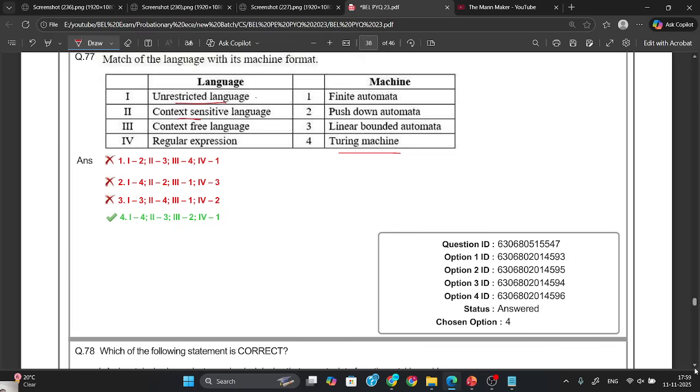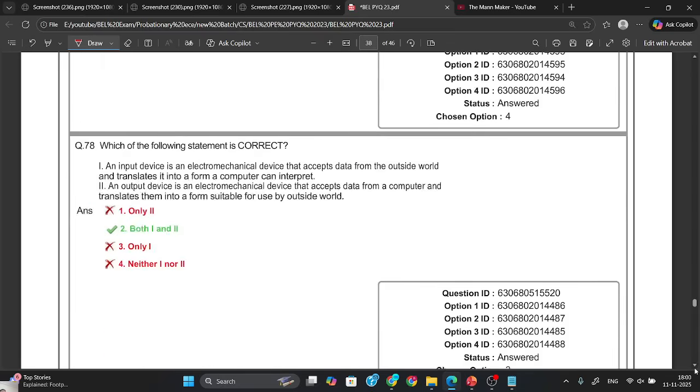So context sensitive language belongs to linear bounded automaton. And context free language, CFG is related to push down automaton, this third one. And regular expression is related to finite automaton, we have discussed above. So option 4 is your right answer.